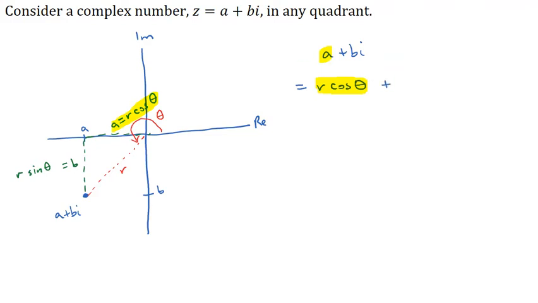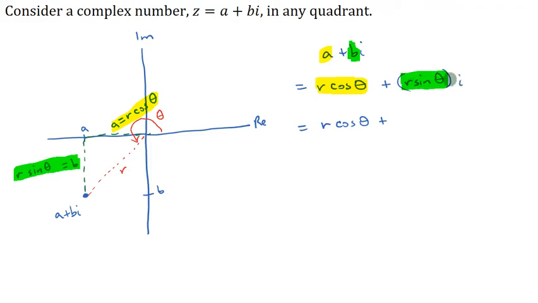Plus b, which is r sine theta, times i. If we look at this further, what we have is r cosine theta plus, and so I don't confuse, I can drop these parentheses because this is all multiplication.